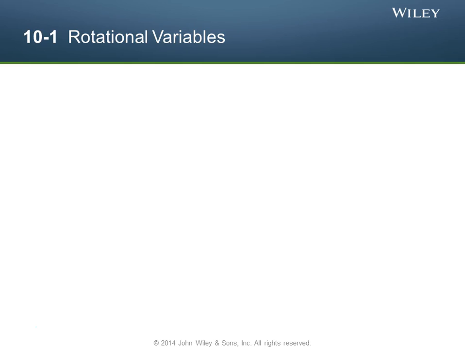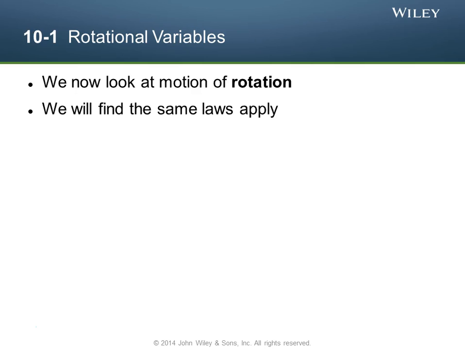We have all of our variables in the linear sense when we talk about displacement, velocity, acceleration, and so on, and even force and energy. Well, we're going to have a whole new set of variables when we talk about rotational motion. When we look at rotation, we have to apply these same laws, but in a slightly different sense.